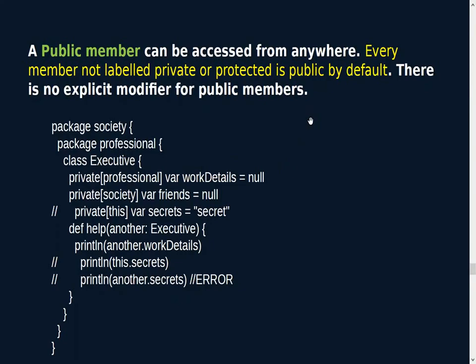And again, just one more point on private. Unlike Java, where private is private to a class, here we have a concept of a variable that is not private to the class but private to a package.